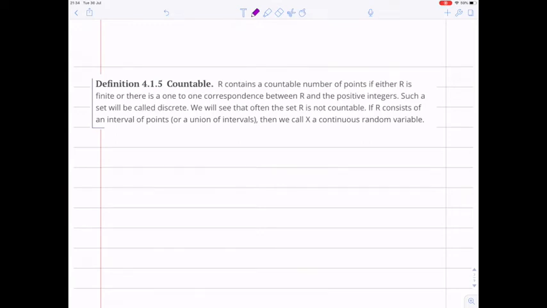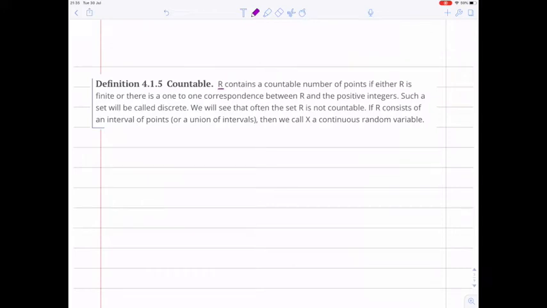But first we want to have a way of talking about countable versus uncountable sets. So when we started out talking about sets, we just said some sets are infinite, and the sets that are infinite are the ones that are not finite. Now we're going to add a little bit of nuance to that with the idea of countable.